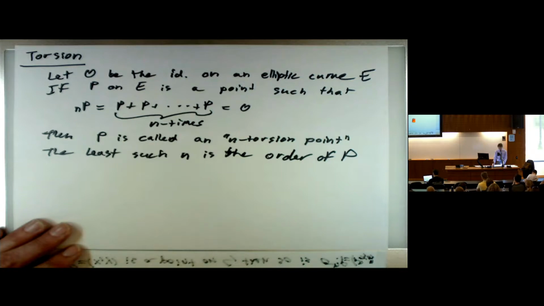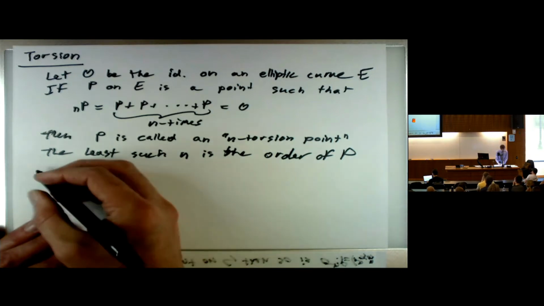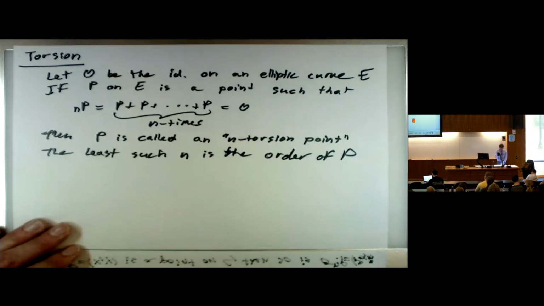The n torsion points are the points of order dividing n. That's important. But also, we know that no matter how many times we add the identity to itself, we always get the identity back.